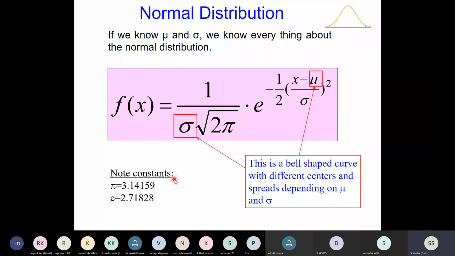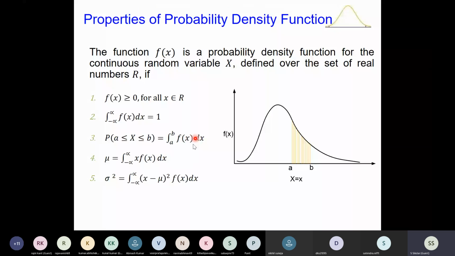As I was saying, this is a definite integral, the integral from a to b of f(x) dx. Similarly here, these are the properties of the probability density function. You just subtract one from the other.